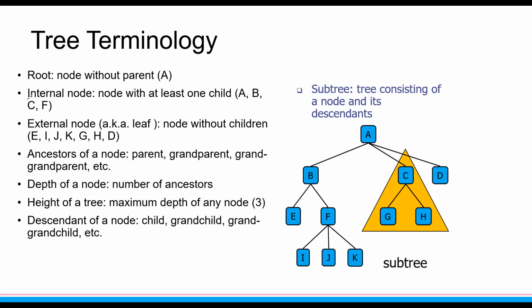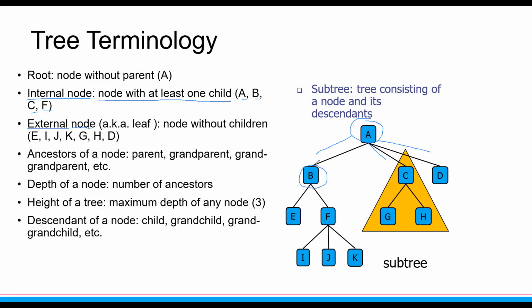And there is another concept you need to understand, which is the internal node and external node. The internal node is a node with at least one child. For example, A, B, C, and F. A has 3 children, so A is an internal node because it has at least one child.